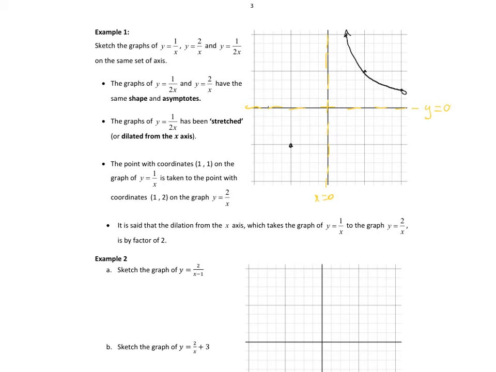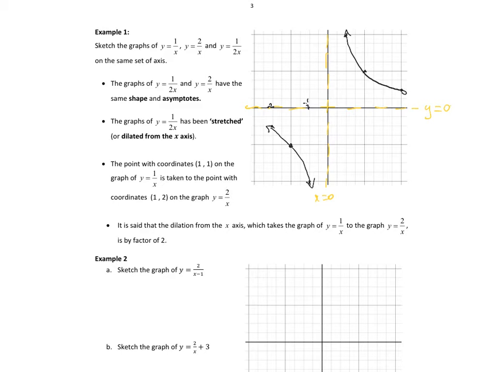If x is equal to, say, -2, well, 1 on -2 is -1/2. And if I put that -1/2 there, we get 2 if we put 1 over -1/2. And we go something like that. So it's going to approach those axes. So there's my 1 on x graph.